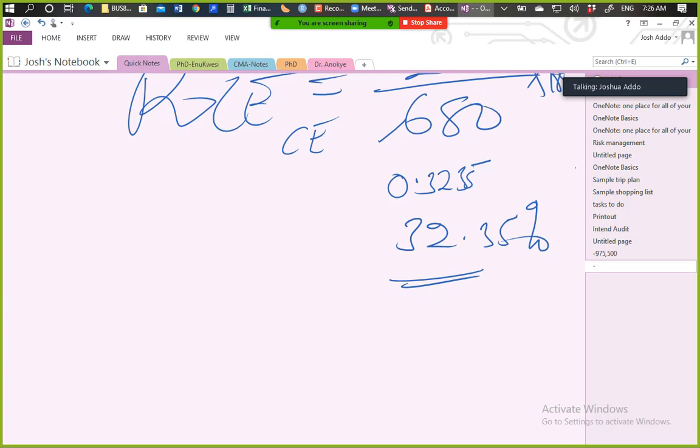Another way that you could be asked to do the analysis is where for the same company you have the current year and a comparable year, maybe the previous year.